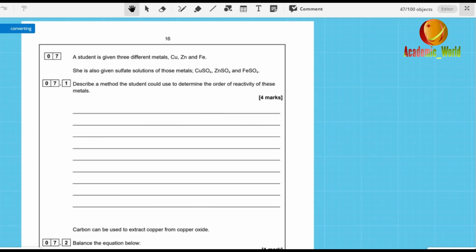Okay, you have to write the method. So first point, immerse each metal in different sulfate solutions, and then observe whether any sign of displacement reaction occurs or not. You can identify this from the color changes or the formation of a solid precipitate.